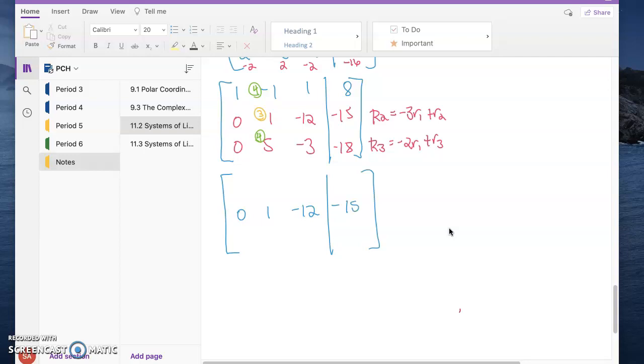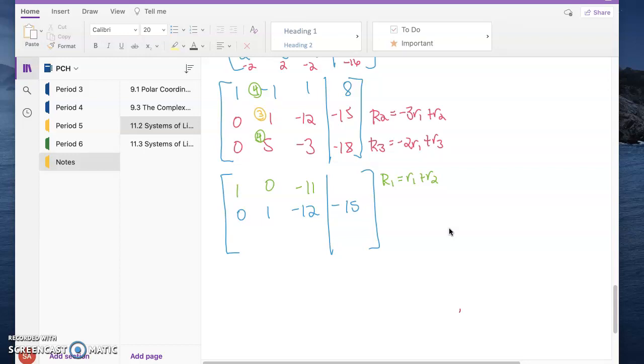I'm going to create a new row 1. I'm going to use the one that I created in row 2. And all I need to do is add those two together to get a 0 in the spot that I want it. So I'm combining row 1 and row 2. I'm going to create a new row 3.